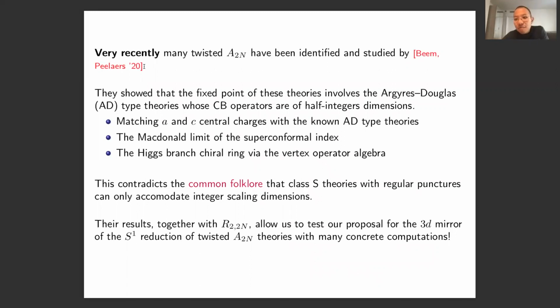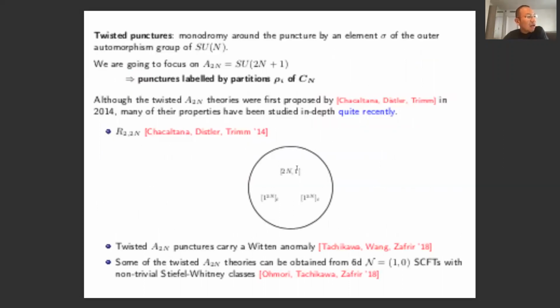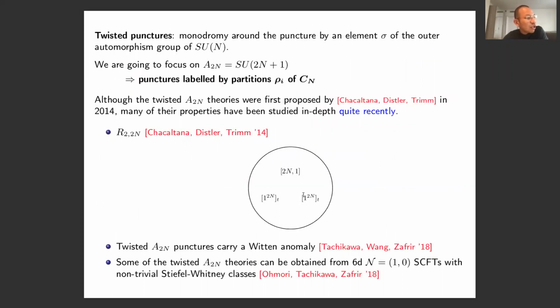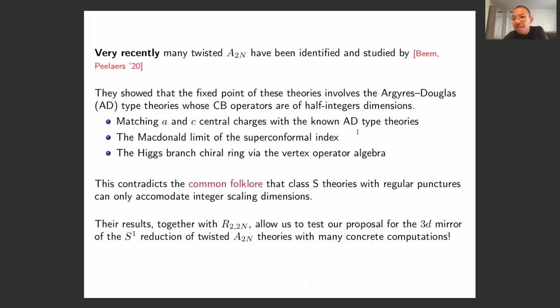So what do they show? It turned out that they show the fixed points of many of these twisted A2N theories. So basically, a sphere with one non-twisted puncture and two twisted punctures can capture even further superconformal field theories that we know. And it's quite surprising that you can do this.